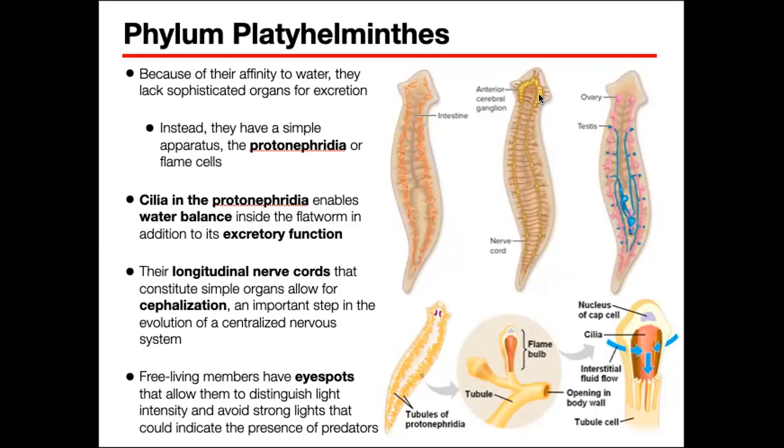In terms of their excretion, they have what we call yung protonephridia. Okay? Ito yung enlarged version of protonephridia, which are usually found on the sides of the organism. Tinatawag din siya also na flame cells. Okay? And in some organisms, meron ka makikita na eye spot. Hindi siya gaya ng eyes na meron tayo sa human. What it can only do is to allow the organism to distinguish light intensity and to avoid strong lights that could possibly indicate the presence of predators.